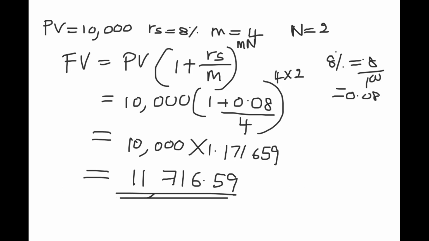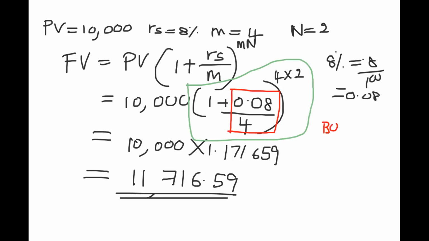However, when you are simplifying this part, there are some steps that you need to follow. Firstly, you have to solve this part. You have to follow the BODMAS rule. First solve this, that is, divide 0.08 by 4.